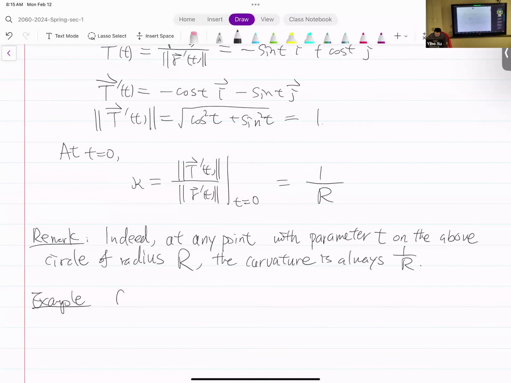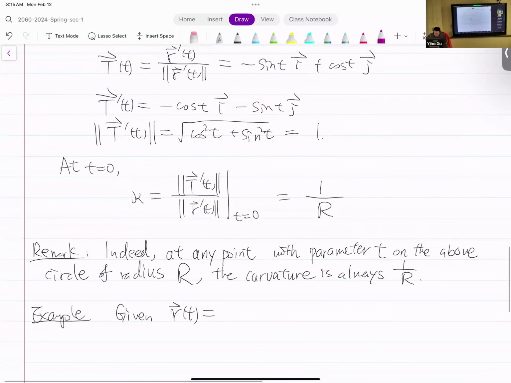Even if you have a relatively simple vector function, that's still possible, because cap T is always normalized, right? And if the denominator, the magnitude of r prime, is complicated, then cap T is complicated, and cap T prime is also complicated.